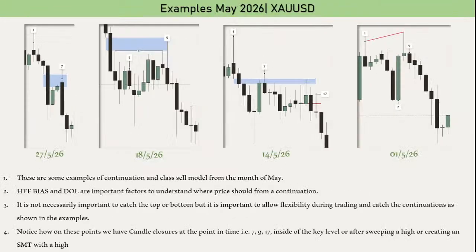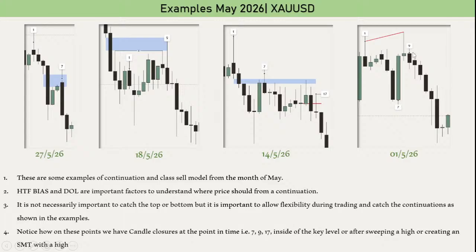Some of the examples that we saw in the last month of May for gold were these 4 main examples. This one, I took this entry from here, like the pinpoint high, and then I held it somewhere here.